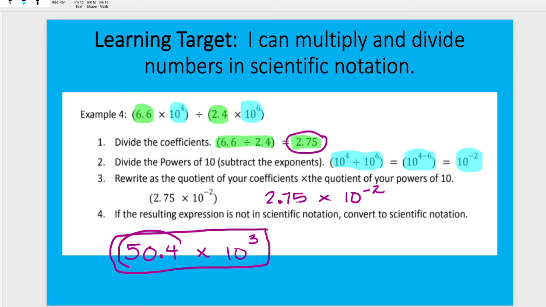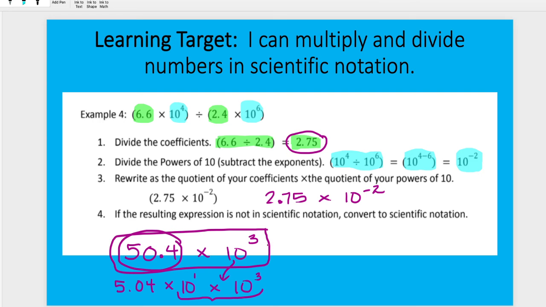So let me review how to do that one more time. You're going to take this first number and write it in scientific notation, because right now 50.4 is not acceptable when writing in scientific notation. So I'm going to go ahead and write that as 5.04 times 10 to the positive 1st power. And then I'm going to bring down this times 10 to the 3rd power, and use the product of powers property and add the exponents.